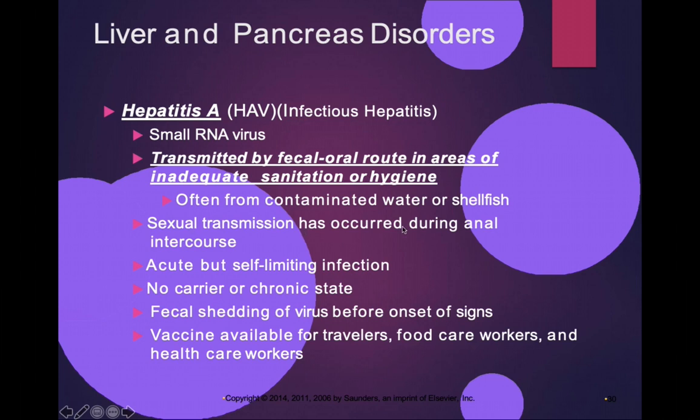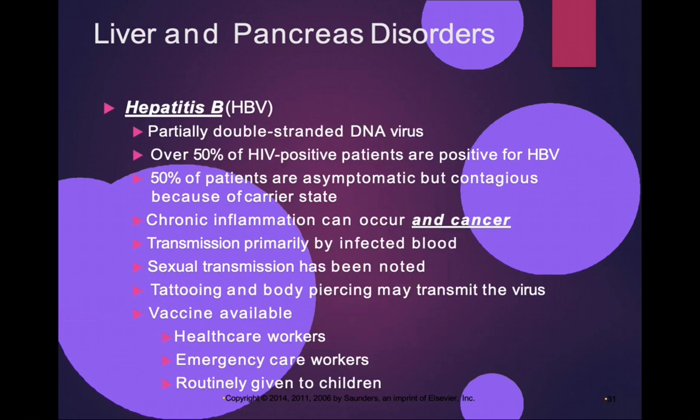Sexual transmission has occurred during anal intercourse. The good news is that it is acute but self-limiting infection. There are vaccines that are available for travelers, for food care workers, and for healthcare workers.